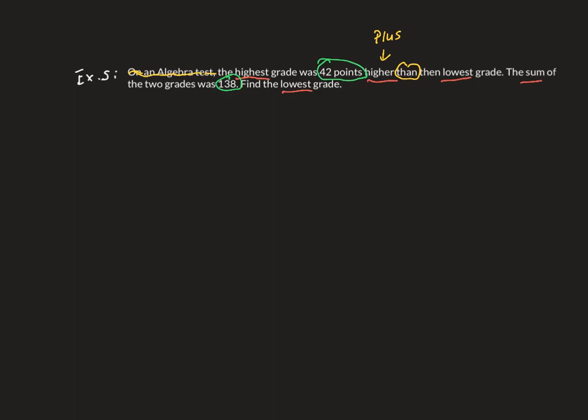Now, there's a reason why I'm circling this one with a different color, and that's because when I say then the lowest grade, it's a good indicator of what I should make my variable. So, do I know what the lowest grade is? No. But I do know the highest grade was 42 points higher than that. So, I should let x represent the lowest grade.